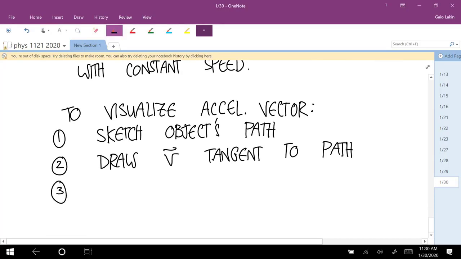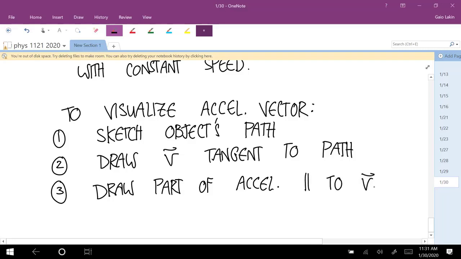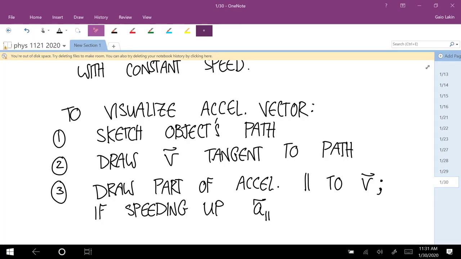Third, draw the part of the acceleration that's parallel to the velocity. If the object is speeding up, this vector A parallel is in the same direction as the velocity.